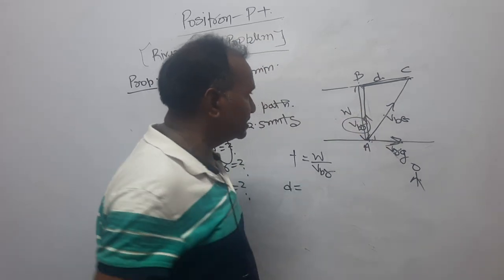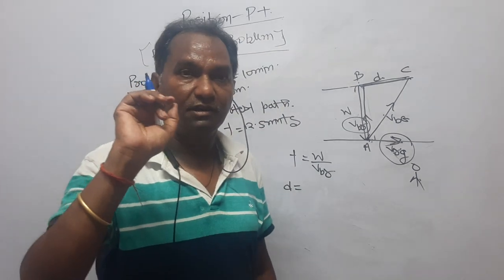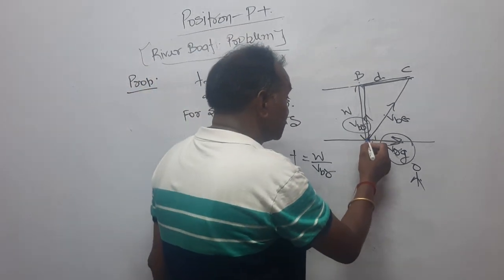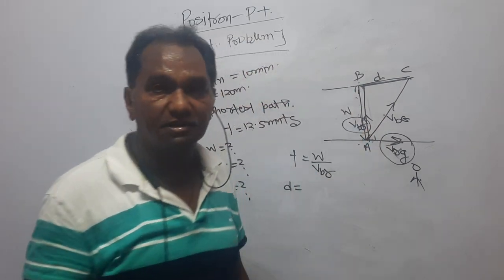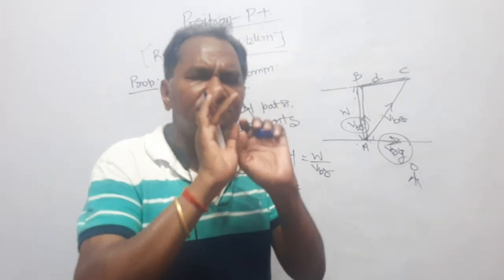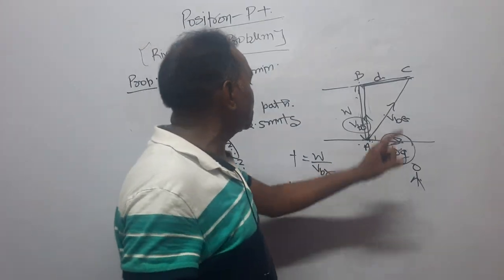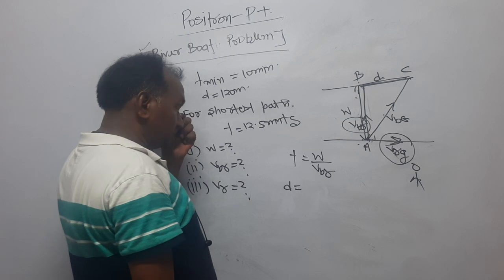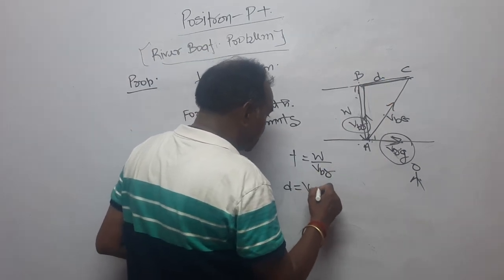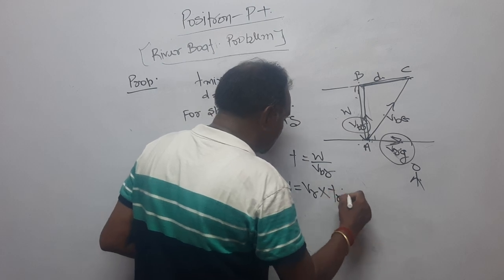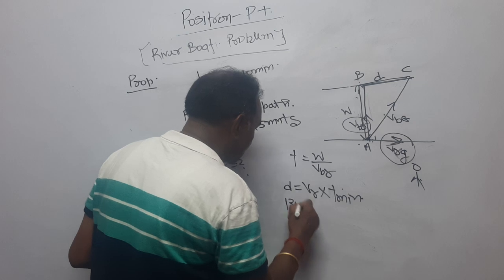From this figure, it is clear that the horizontal component of velocity is governed only by the river in this case. Because the boat is swimming with respect to river perpendicularly, its horizontal component is 0. So in this case horizontal drift comes only because of the river. So D, the horizontal drift, is equal to velocity of river into time, that is minimum time, and drift is 120 meter, right?